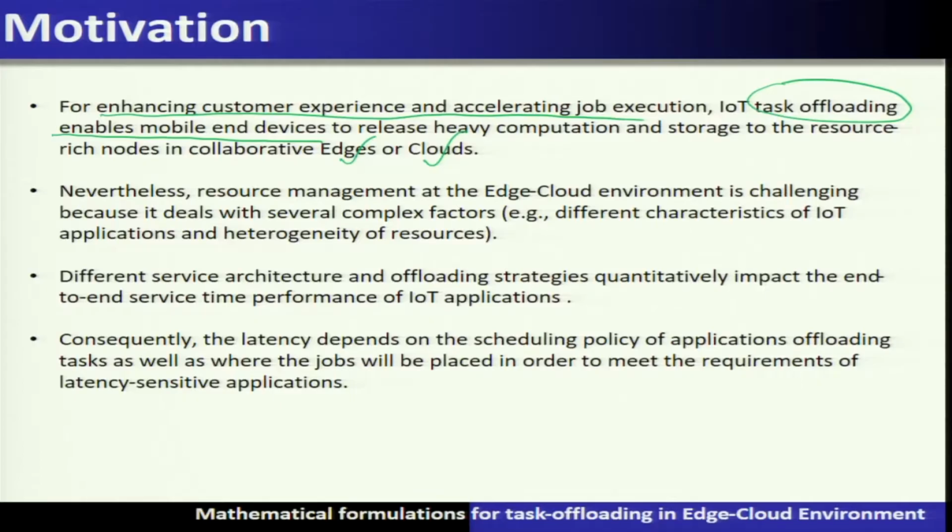Once they offload their task, which is compute heavy or storage heavy, to the edge or the cloud, which are considered resource rich, this collaborative cloud edge model or architecture is going to support such IoT devices or mobile devices to undertake heavy computation and storage, and on the other hand, to have a good customer experience and acceleration of jobs. So, these are some of the important ways of supporting IoT applications.